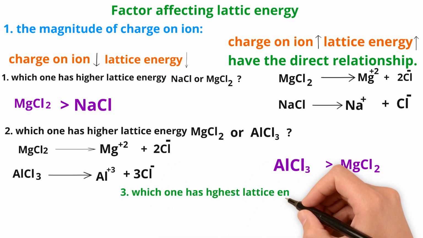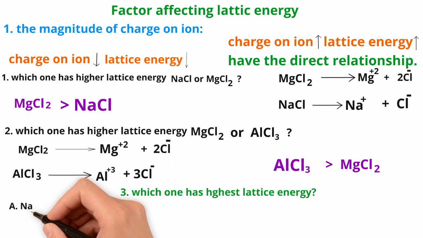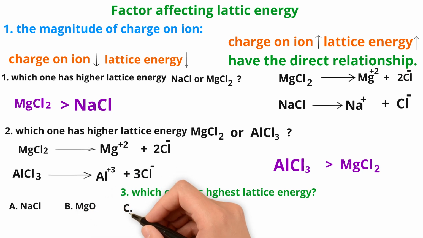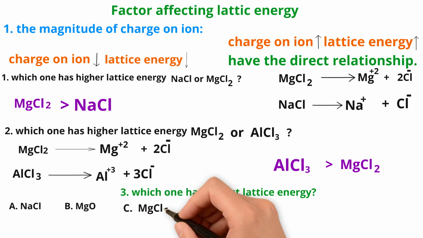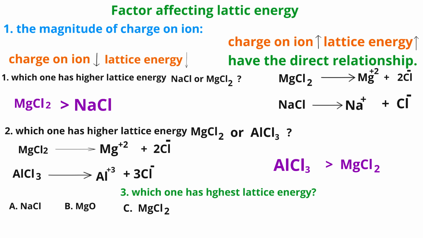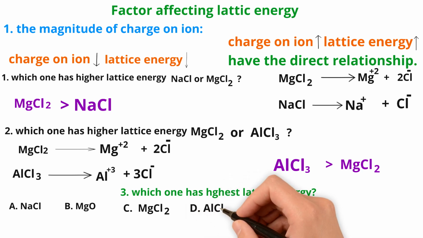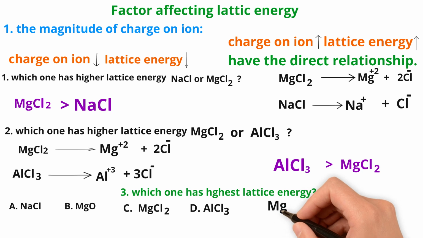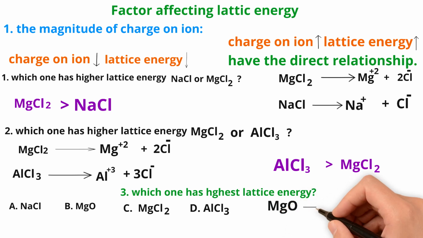Which one has highest lattice energy? A. Sodium chloride. B. Magnesium oxide. C. Magnesium chloride. D. Aluminum chloride. Which one? Try to answer this one. The answer is B. Magnesium oxide.